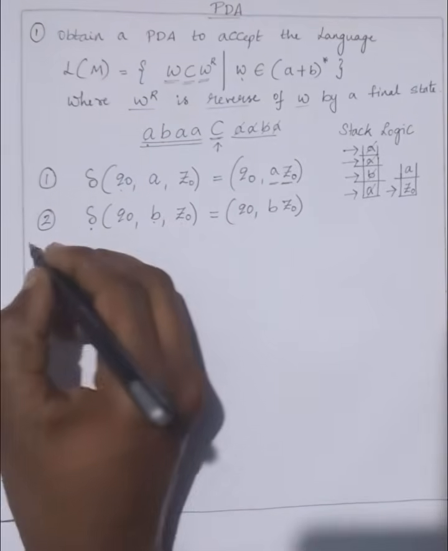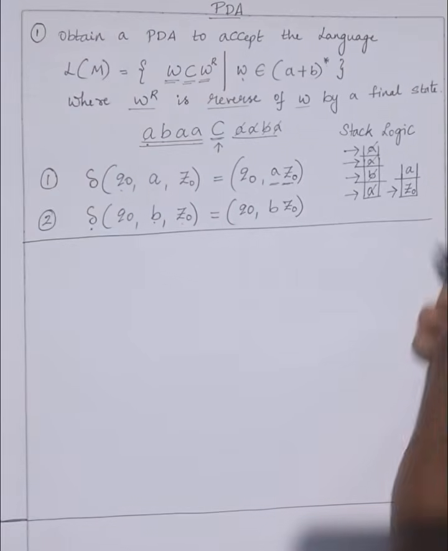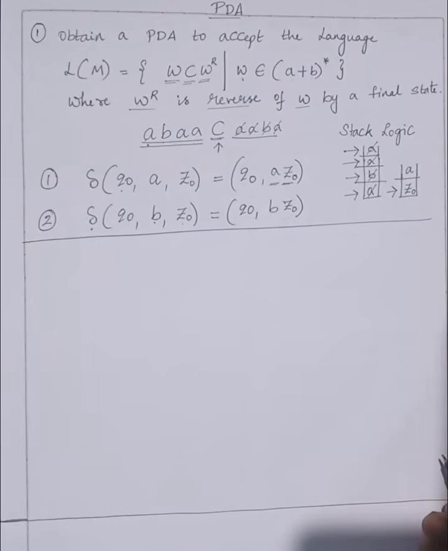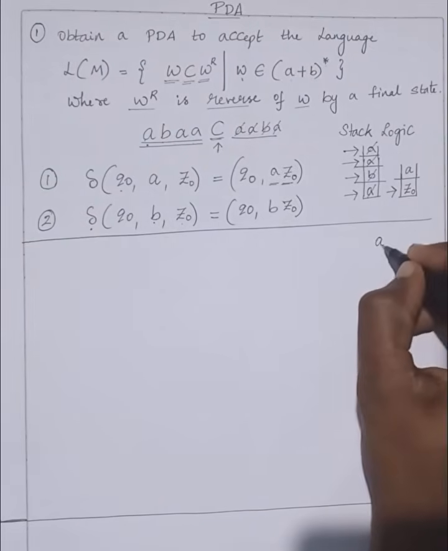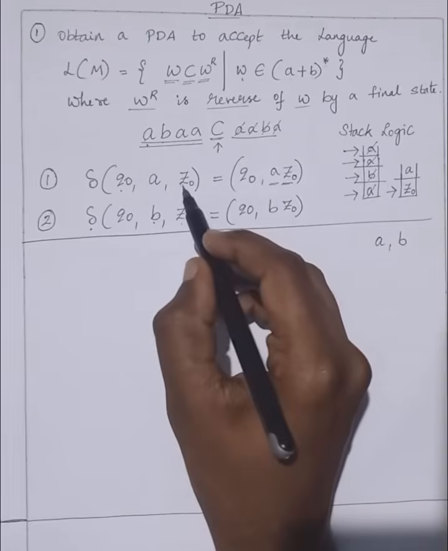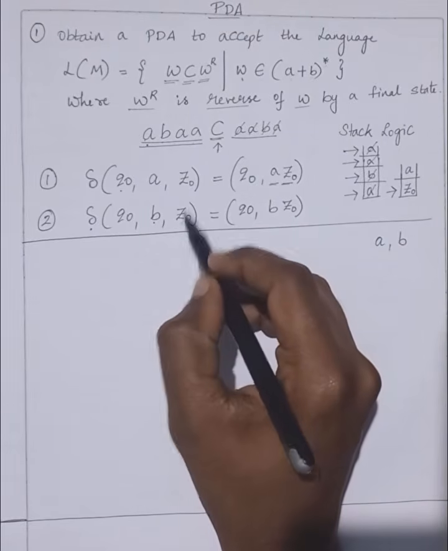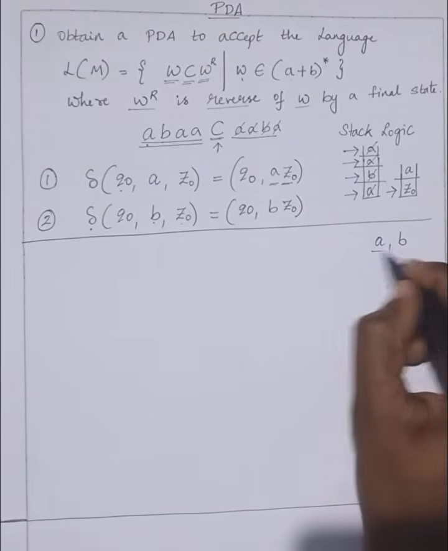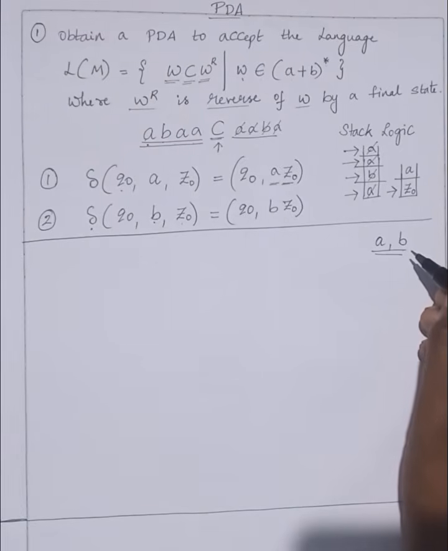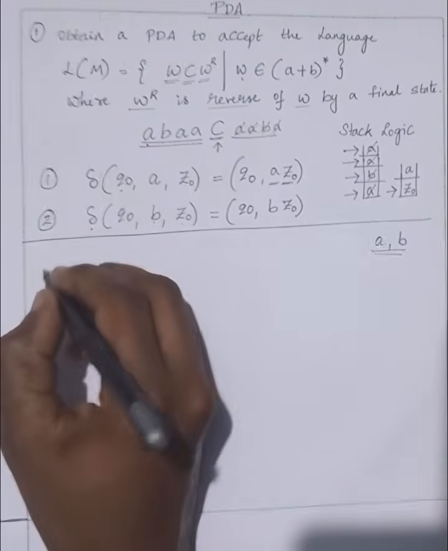This is the first group of transitions. Now for the second group, whenever the top of the stack is A or B, initially we took the empty stack combination, and with A and B we'll have four types of transitions. We'll write that one.